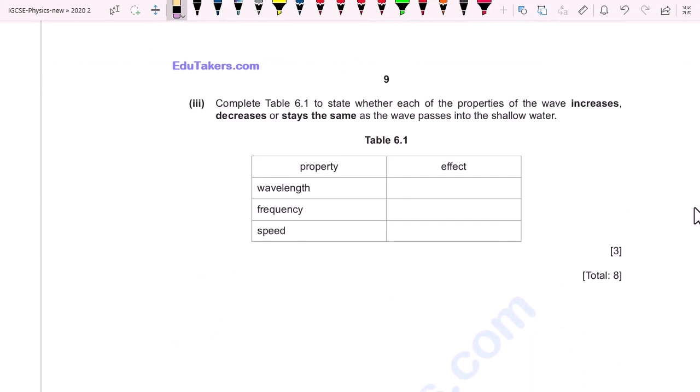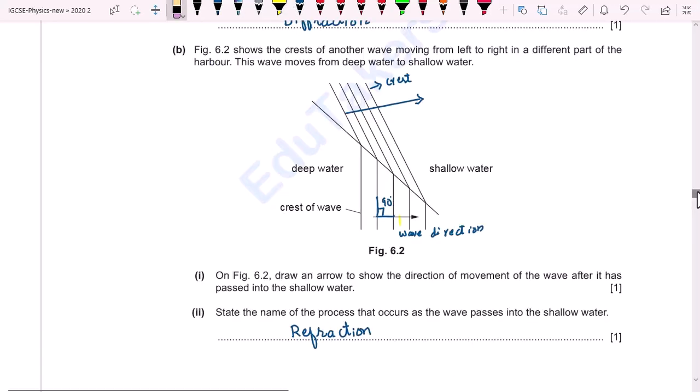Complete table 6.1 to state whether each of the properties of the wave increases, decreases, or remains the same as the wave passes into the shallow water. So we have to tell these from the figure. The properties are wavelength, frequency, and speed. See this figure 6.2.